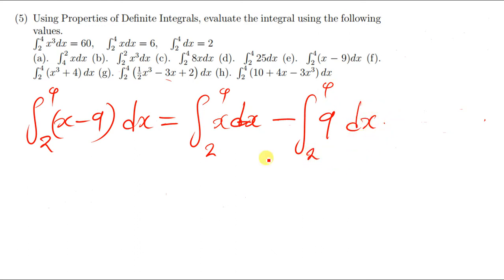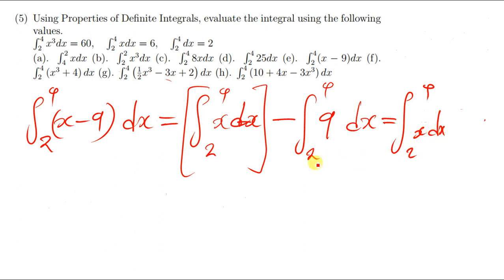So we can see that this part has been given, even this part has been given. Or let me simplify it further so that you understand what I'm saying. This other part has also been given. So 9 can be factored out, meaning we're just going to remain with the integral of x dx. Then on this part, we're going to have minus 9 times the integral of dx on the limits 4 and 2.